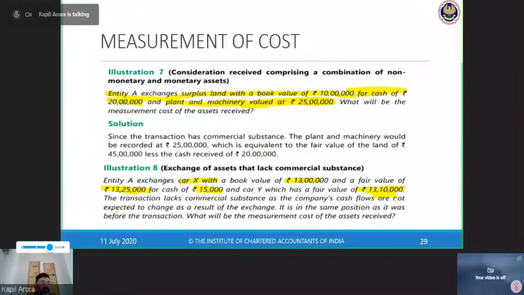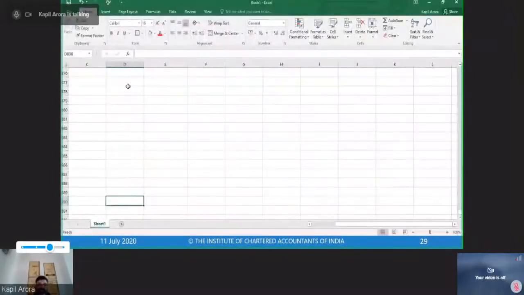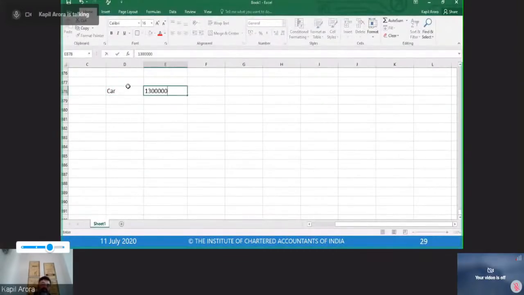Now what is going out and what is coming in? I have a car which is having the value of 13 lakh. The fair value of this car is 13 lakh 25,000.